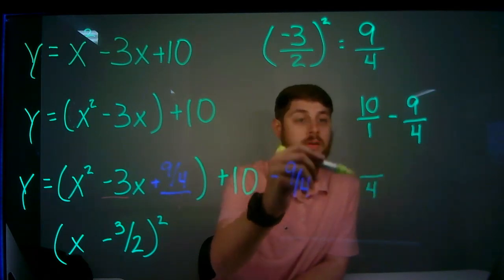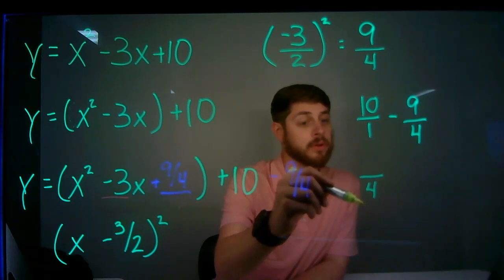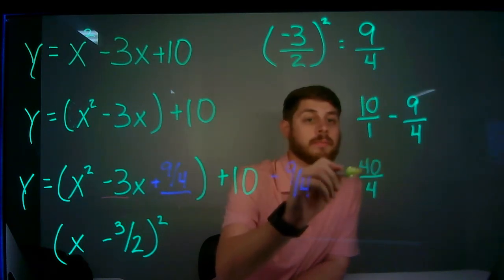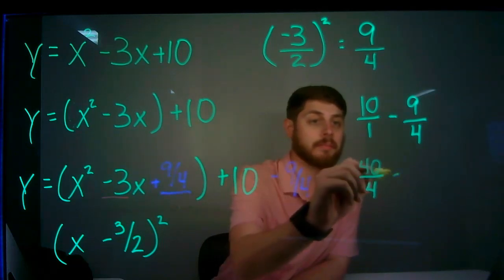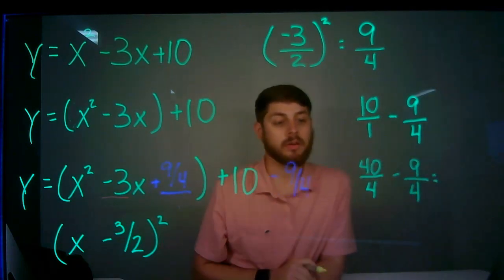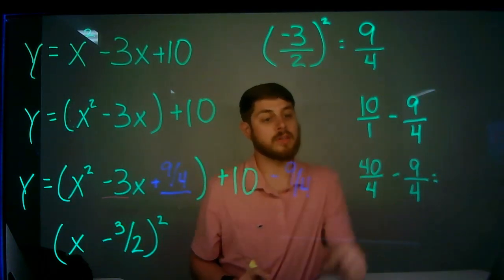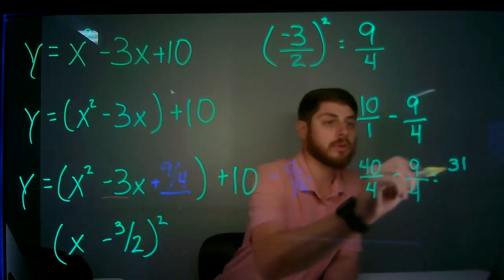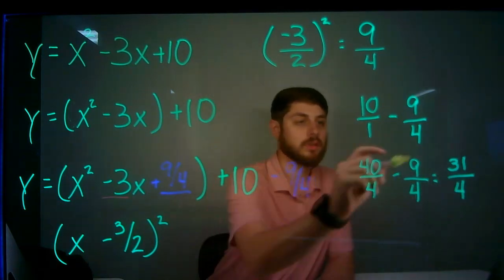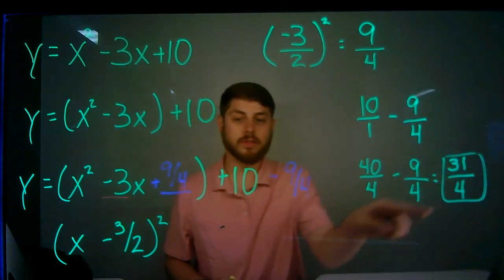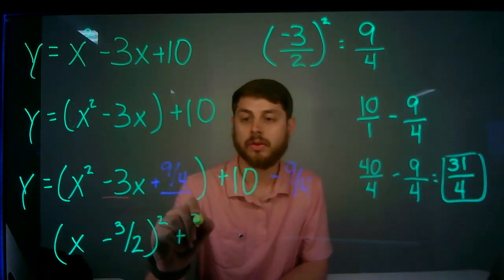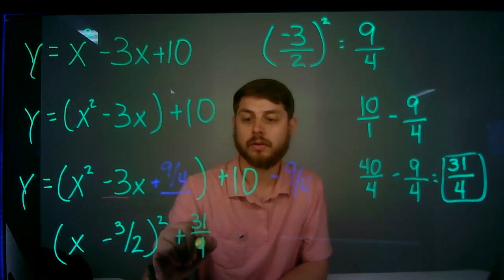If I went from 1 to 4, I multiplied by 4, so I'm going to do the same thing for the top. So I end up with 40 over 4 minus 9 over 4. Well, 40 minus 9 is 31 over 4. So this is the number I need to have here at the end: plus 31 over 4.